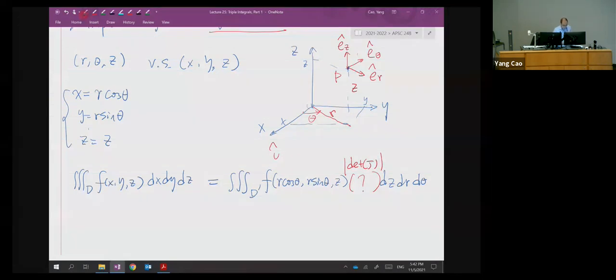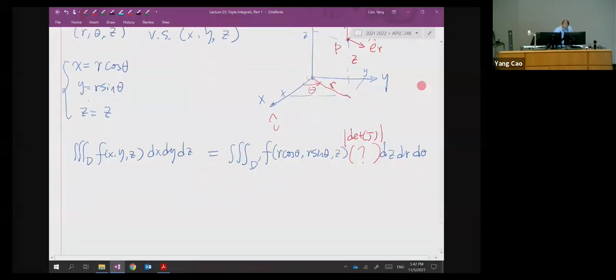So now let's take a look at how we get that Jacobian matrix, and then how we get the determinant of the Jacobian. Okay. So Jacobian matrix first. Here is your x, y, z. This is the relationship between x, y, z and r, theta, z. So x is a function of r, theta, z, except z is not really there. Y is also a function of r, theta, z, and z is a function of r, theta, z, right?